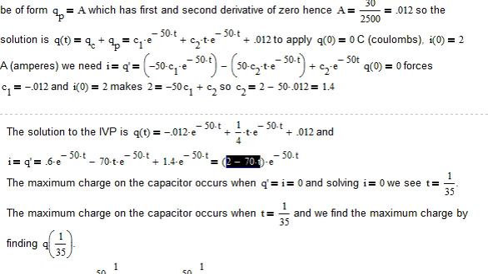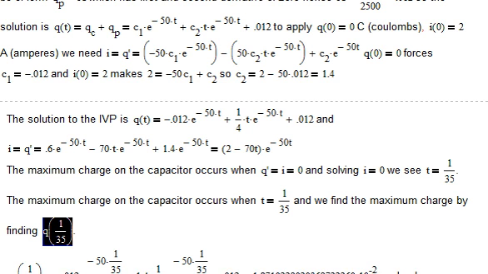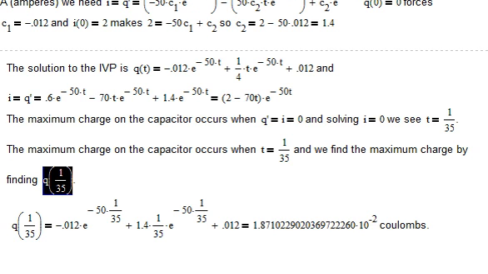Okay, so maximum charge occurs when t is 1/35th, and we find the maximum charge by finding Q of 1/35th, and that's just a matter of plugging it in to this equation that we've already found. So Q of 1/35 is negative 0.012 times e to the negative 50 times 1/35 plus 1.4 times 1/35 times e to the negative 50 times 1/35 plus 0.012.